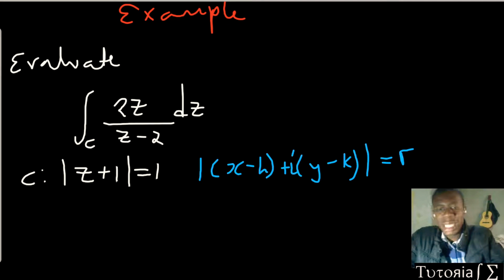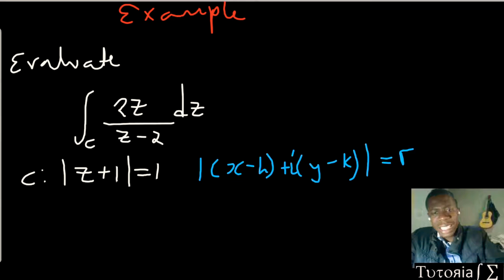So what the formula is essentially saying is, whatever you are given, you should group it with the real parts alone and the imaginary parts alone. You know that z is equal to x plus iy, so this is where the x is coming from, and this is where the y is coming from, and the h is any other real part, and the k is any other imaginary part, and whatever you have there is your radius, and we still have the modulus.